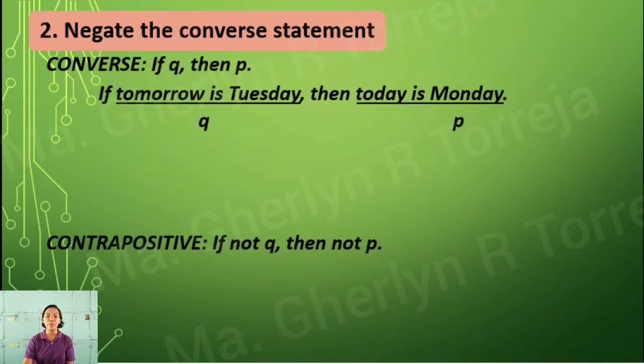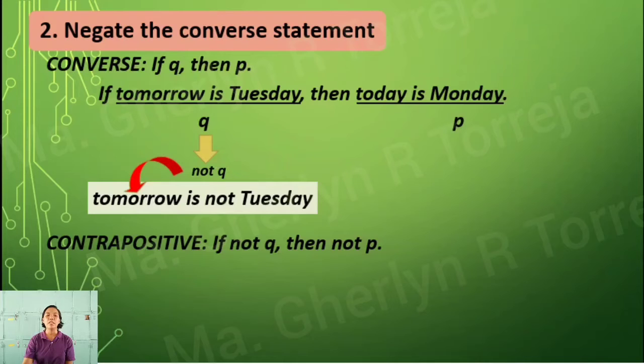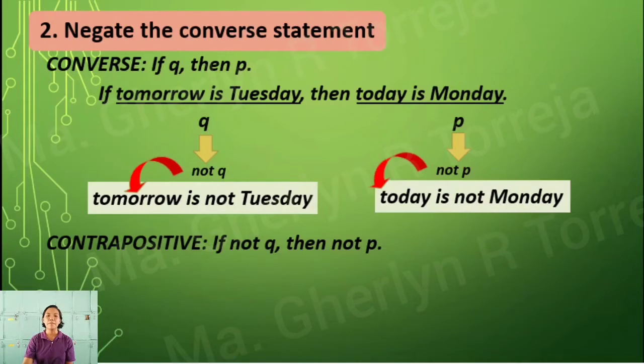So, to write the contrapositive, una nating kukunin is the not Q. So, our not Q is, tomorrow is not Tuesday. And then, our not P is, today is not Monday.